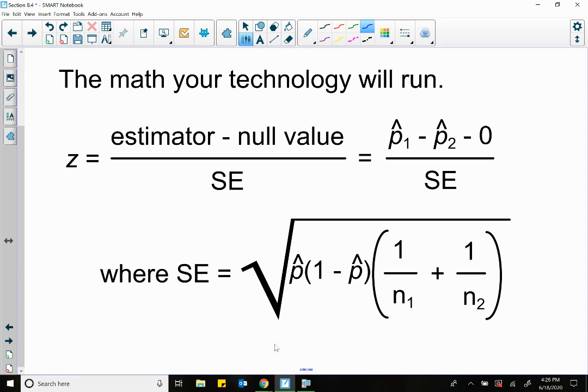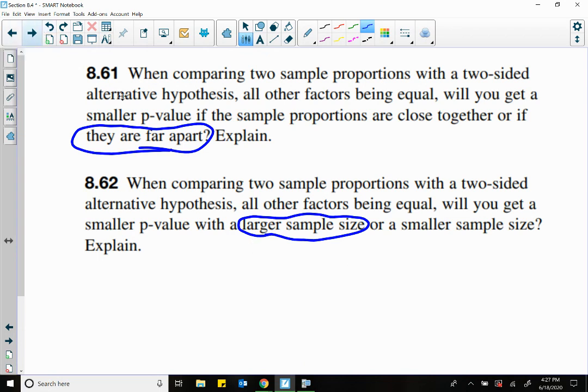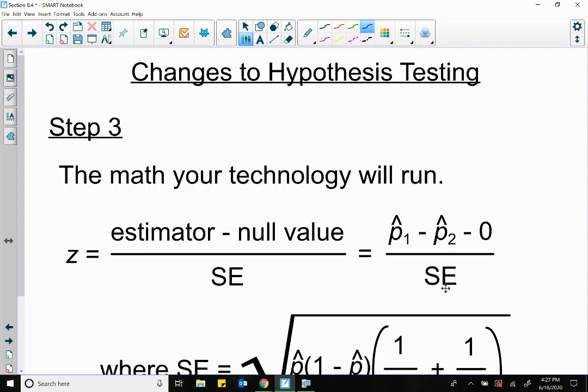And the smaller this number is, the more it's going to raise the z-score. So there you go. So if we want p-values to be small, we want large numerators, small denominators.